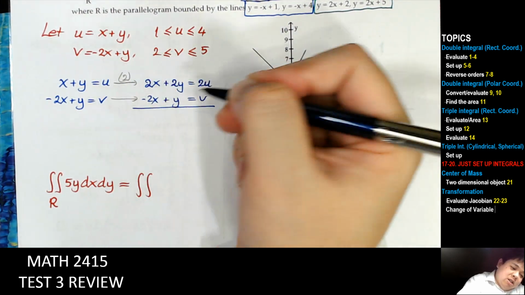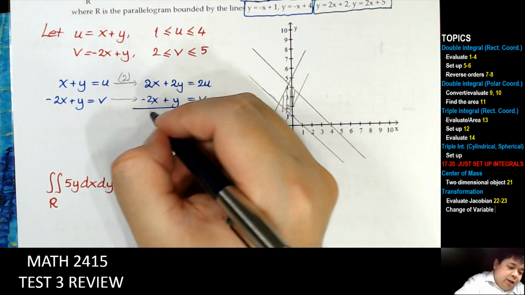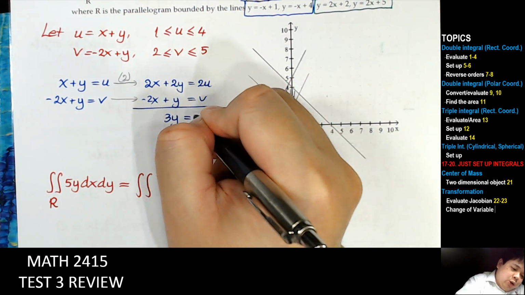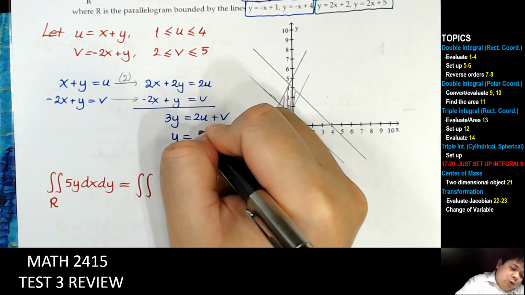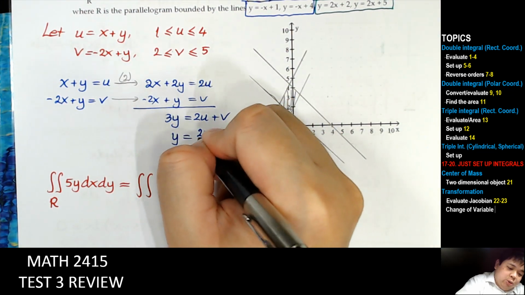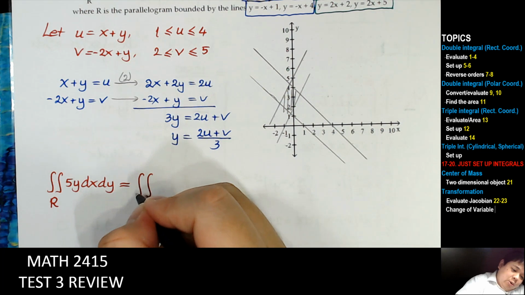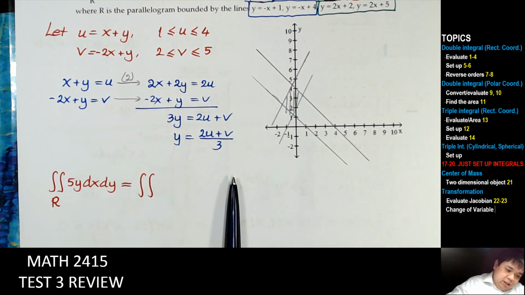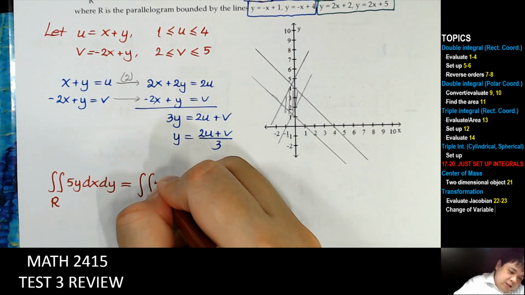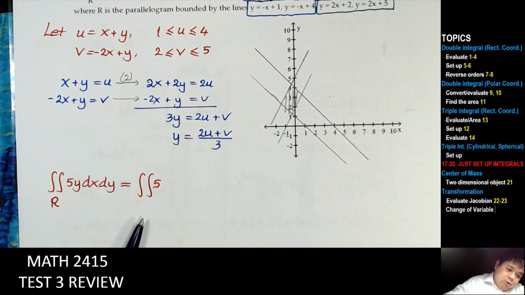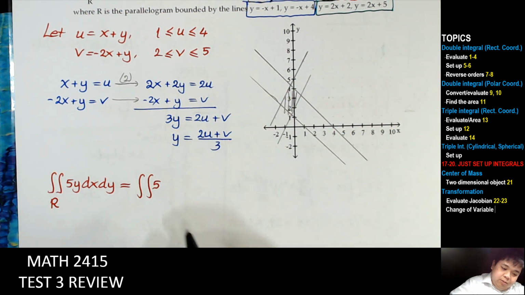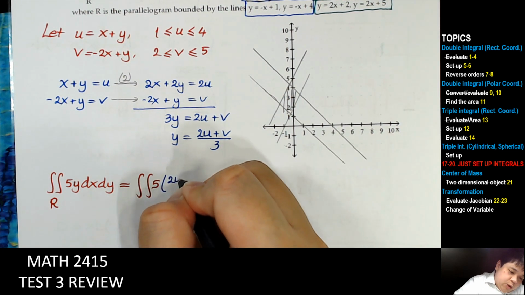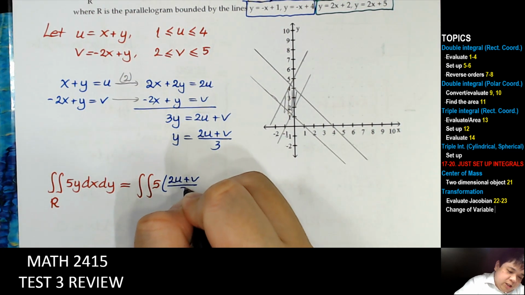If we add side by side, 3y is equal to 2u plus v. So y is equal to 2u plus v over 3. So now y is going to be 2u plus v divided by 3.